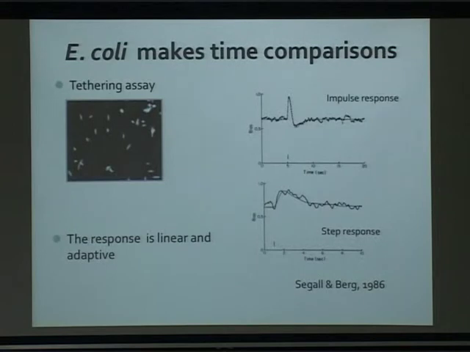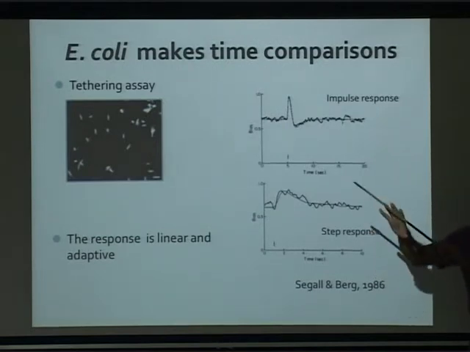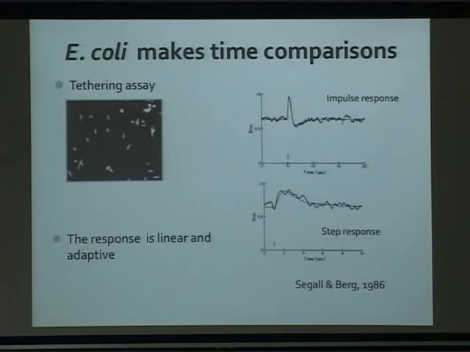And if it's decreasing, they will shorten the duration of a run, and this will produce a bias in this random motion, which will, on average, propel bacteria towards higher concentration zones, areas. So that's how this individual response is connected to the drift of bacteria towards higher concentration.